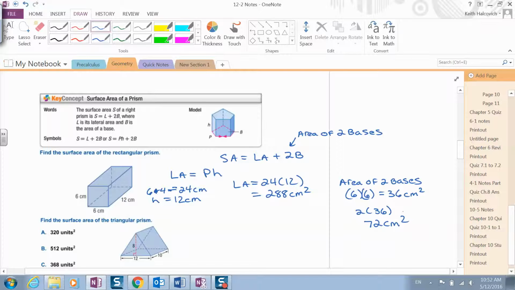So that's the area of the two bases. If you add those together, 288 plus 72 is going to equal 360 square centimeters.